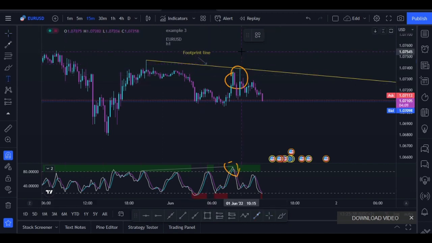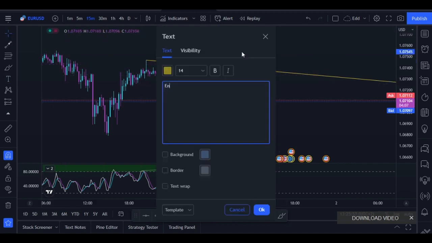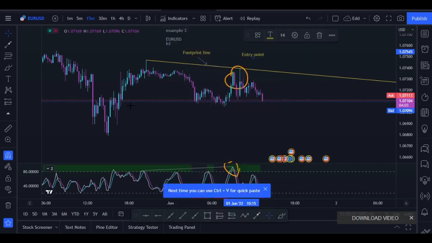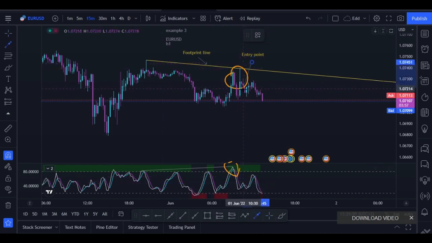Okay, let's call this the entry point. Okay, let's just draw an arrow to it here. That would have been the entry point.